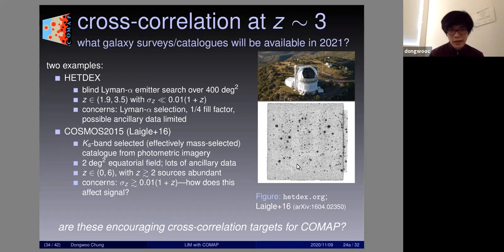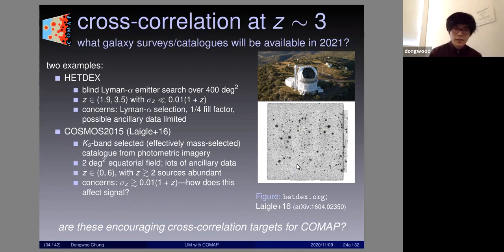It's a blind search for Lyman alpha emitters over a few hundred square degrees. The redshift range is a very good match against CO map. It is a spectroscopic survey, so there's real line of sight information to cross-correlate against.